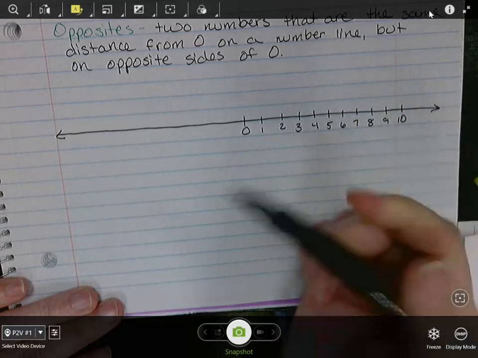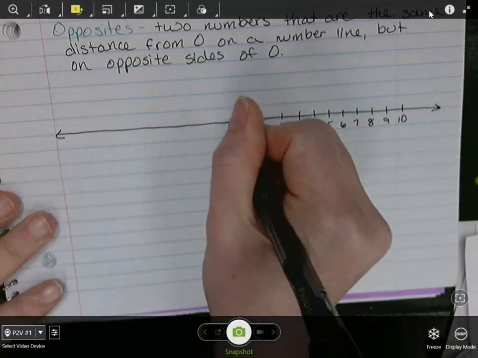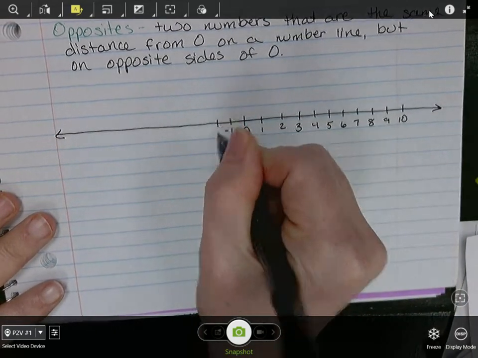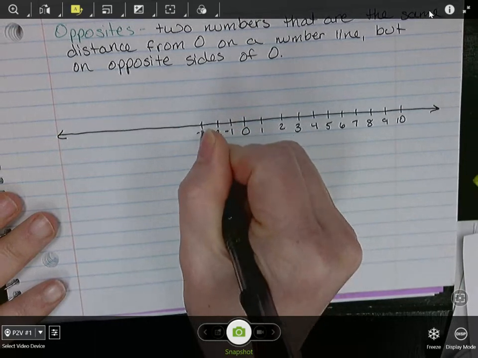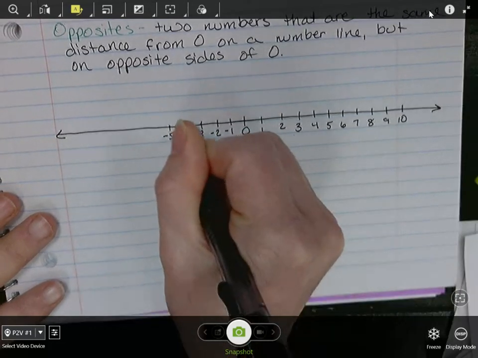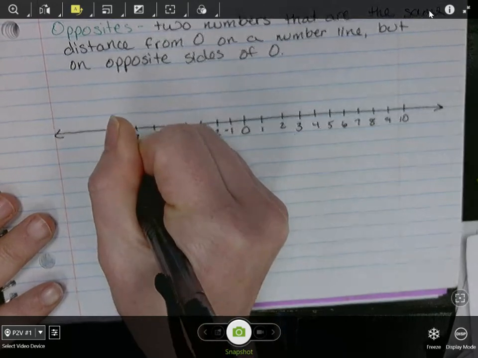Okay, and then whenever you go to the left, it decreases. Okay, so right directly to the left of 0 is negative 1. Okay, then you have negative 2, negative 3, negative 4, negative 5, negative 6, negative 7, negative 8.